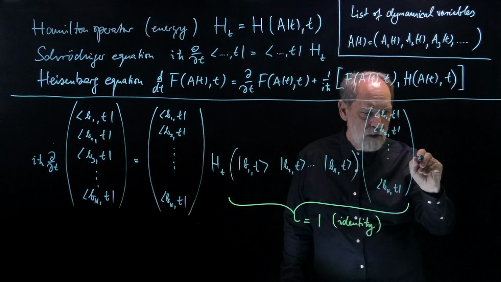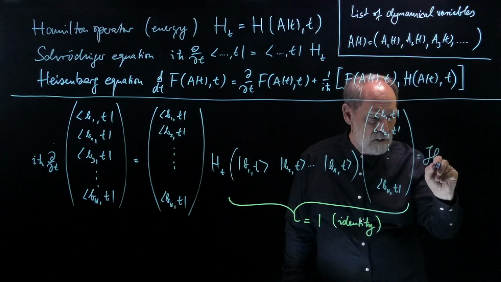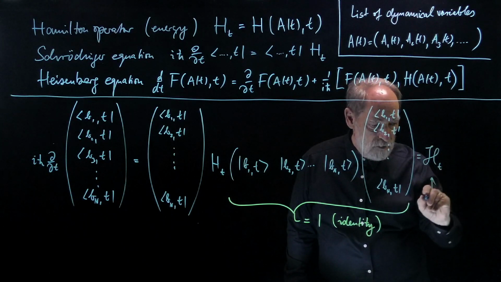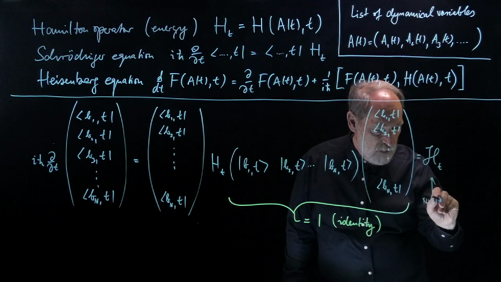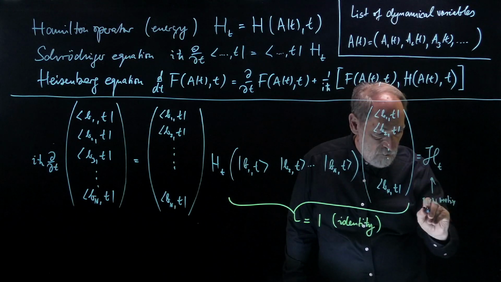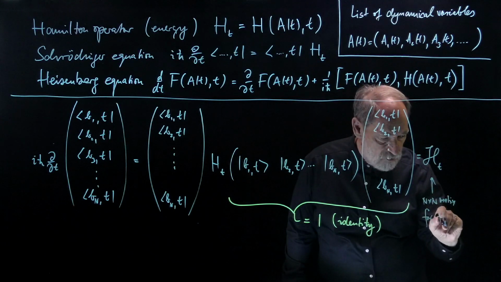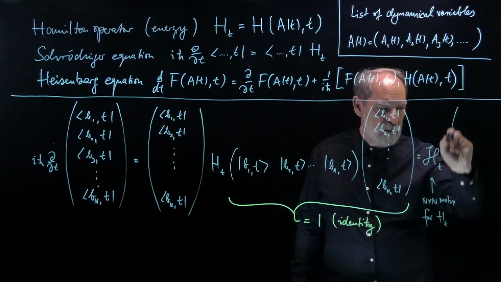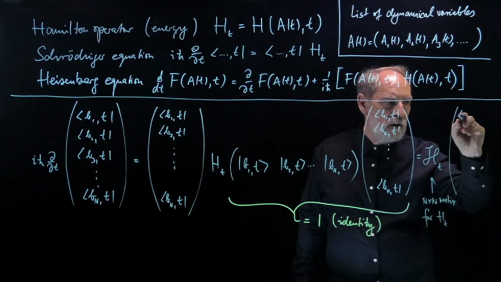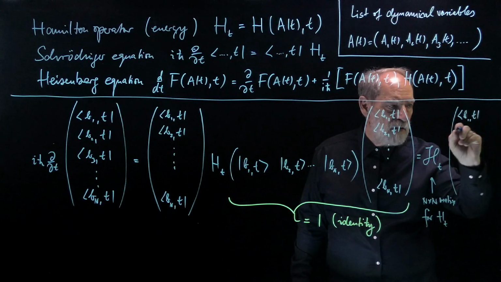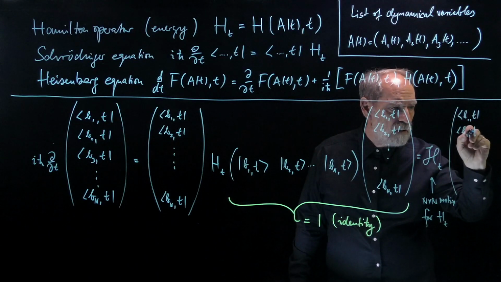So let me write script h t for this n by n matrix for the Hamilton operator h, and then we continue with this column of basis bras.